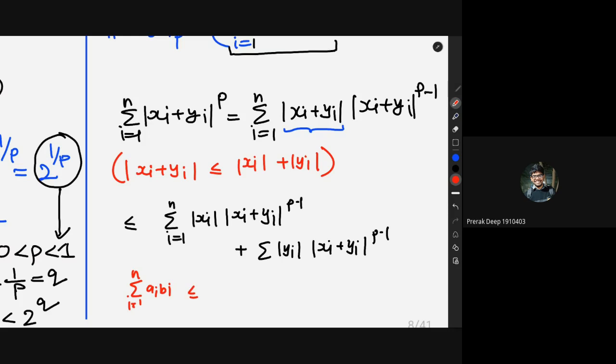This is smaller than the pth norm of a times the qth norm of b, where p and q satisfy this relation. So we want to use this inequality twice.